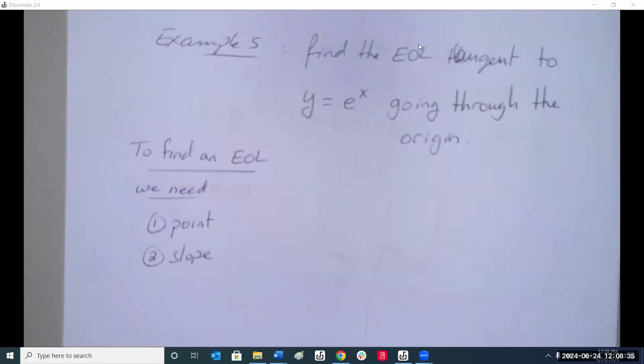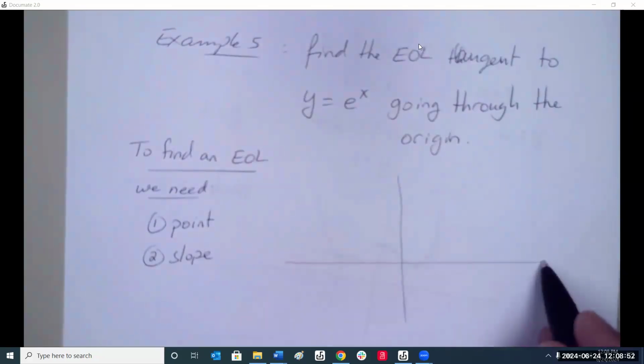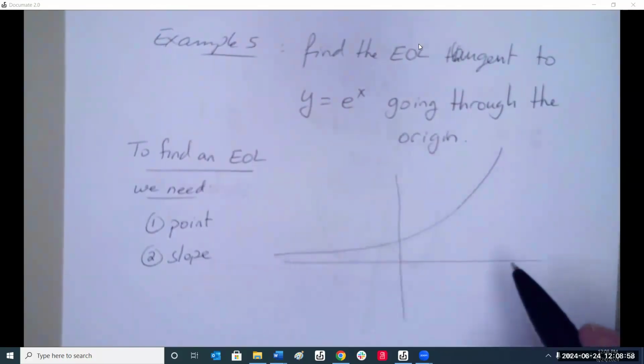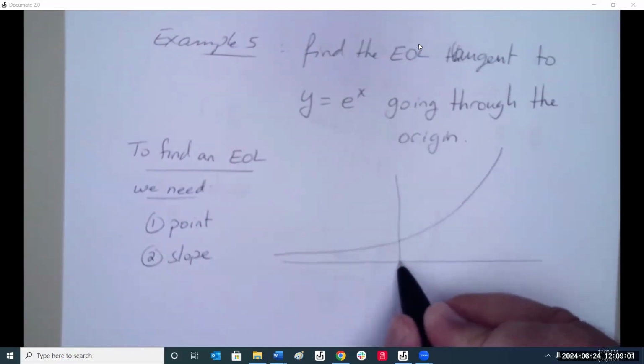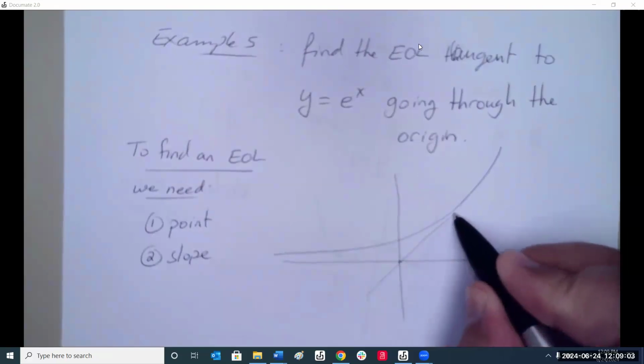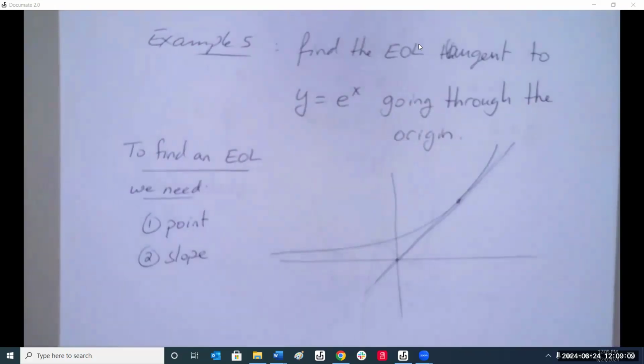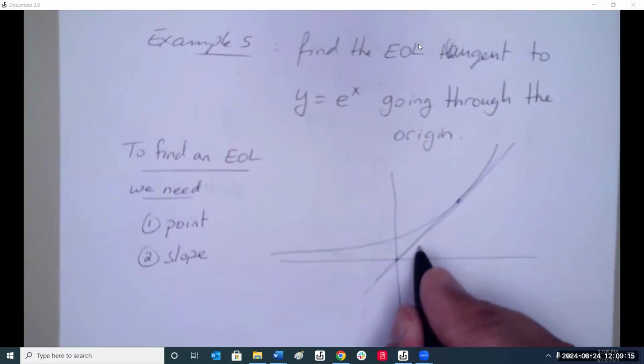Can we find either of them? So this is what it's really saying. It wants an equation of a line tangent to this graph going through the origin. So it wants the equation of that line.